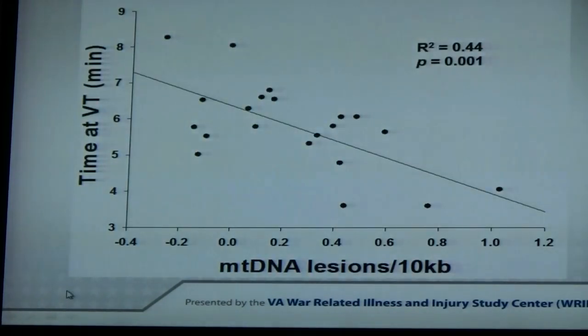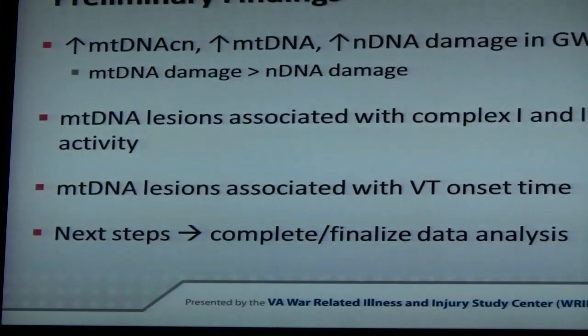To look at that a little bit further, in the veterans with global illness, we looked at mitochondrial DNA lesions and their relationship to the time at which the ventilatory threshold occurred. What we found is that the more mitochondrial DNA lesions the individual had, the earlier the onset of the threshold. So to wrap up some preliminary findings, what we've seen so far in our data is that we observed an increased mitochondrial DNA copy number, and increased mitochondrial DNA and nuclear DNA damage in veterans with global illness.